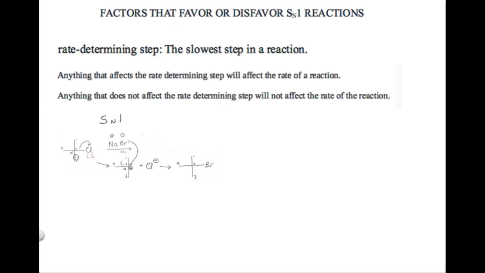I hope you were really trying to use formal charges to answer that question. For example, notice that this first step creates 2 formal charges, a formal charge on the alpha carbon and a formal charge on the leaving group. Is that going to be difficult or easy? Well, we know that nature doesn't like formal charges, so it seems like this first step is quite difficult because it creates 2 formal charges. And then what about the second step? Notice that the second step eliminates 2 formal charges.